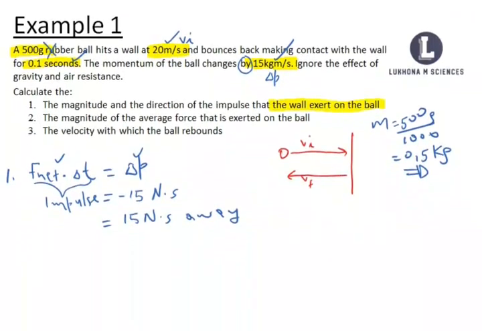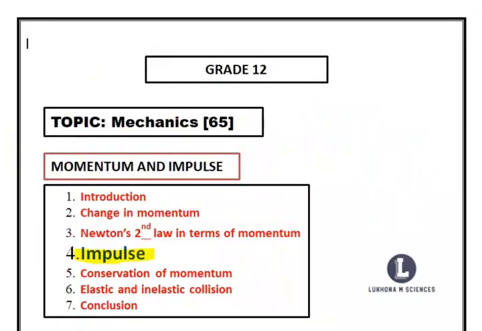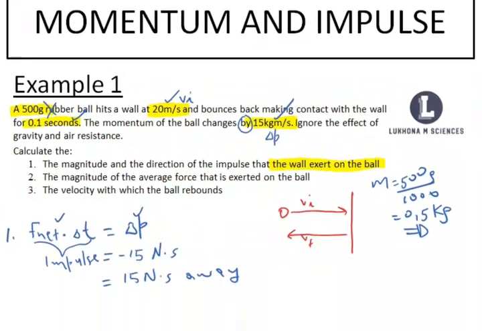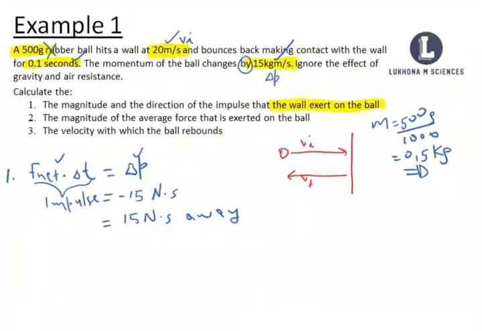Question number 2 says calculate the magnitude of the average force. All right, so in this case we are going to use the same formula: F net times delta t is equal to the change in momentum.